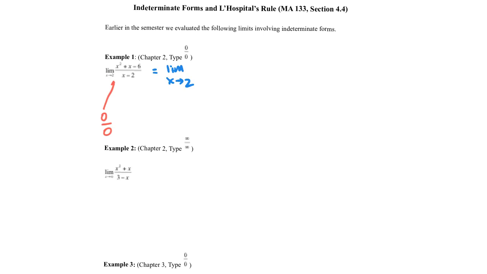Because this one actually factors, we factored the numerator as x minus 2 times x plus 3. The denominator was x minus 2. And then we saw, well, we could actually cancel these, as long as we're taking the limit. We get the limit as x approaches 2 of x plus 3, so we get 5.